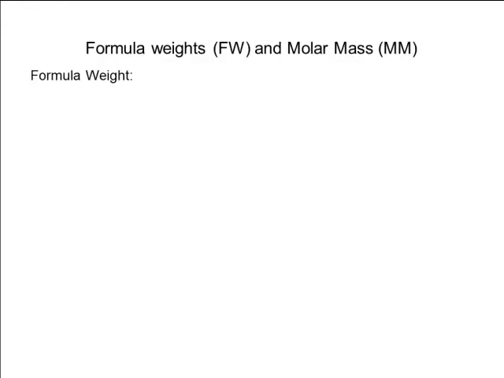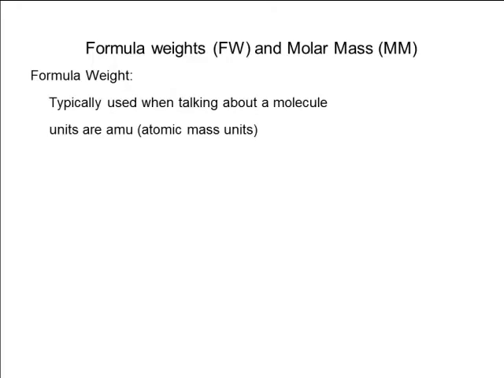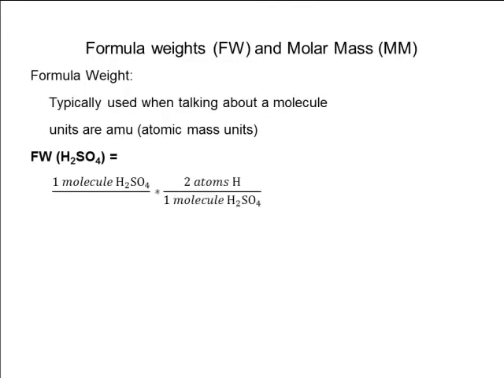Now, formula weight and molar mass. We typically use formula weight when talking about a molecule, and the units are AMUs, atomic mass units. Let's calculate a formula weight from a formula, going back to H2SO4. We start with 1 molecule of H2SO4, which contains 2 atoms of hydrogen. 1 atom of hydrogen weighs 1.008 AMUs.